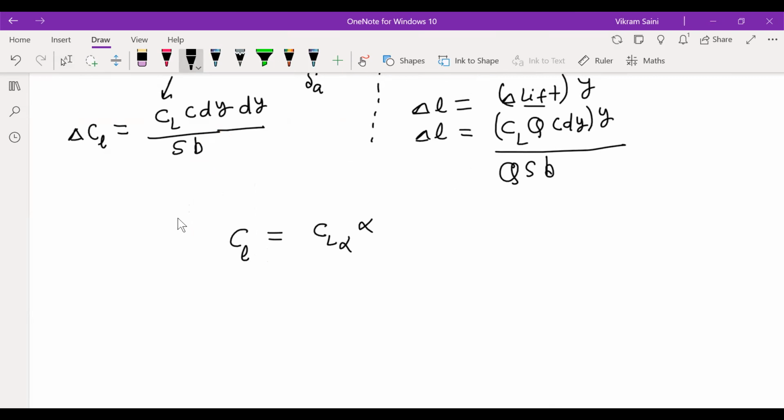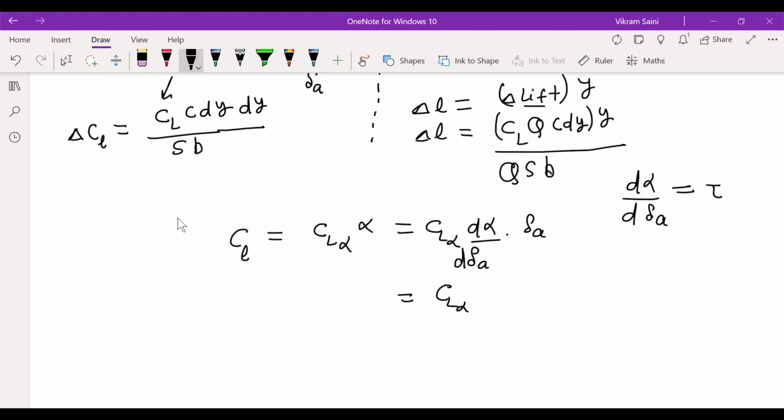At that section, you only know the aileron deflection. So what you can do is write this as CL alpha d alpha over d delta aileron times delta aileron, and this number d alpha over d delta A is called tau, and this tau is available to us from experimental data. So we simply substitute it here, and now we have the expression for CL when aileron has a deflection delta A. Okay.